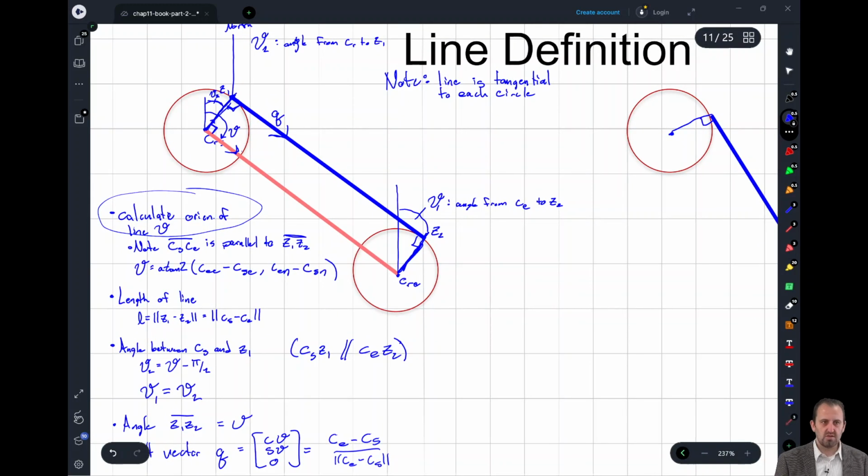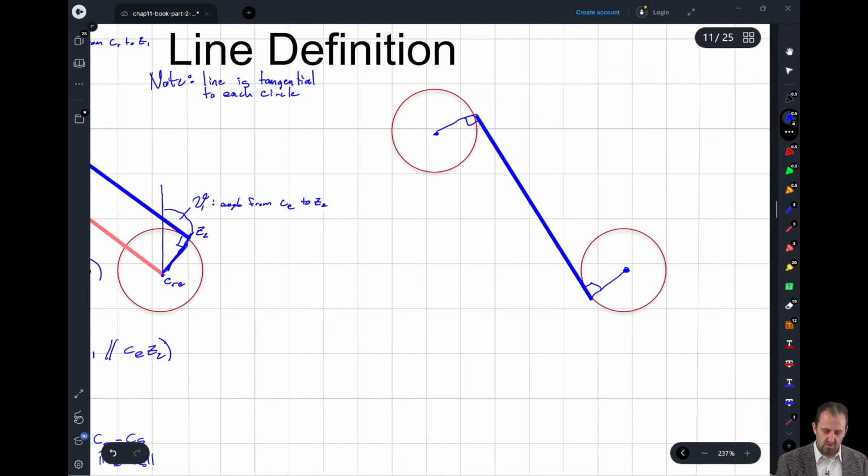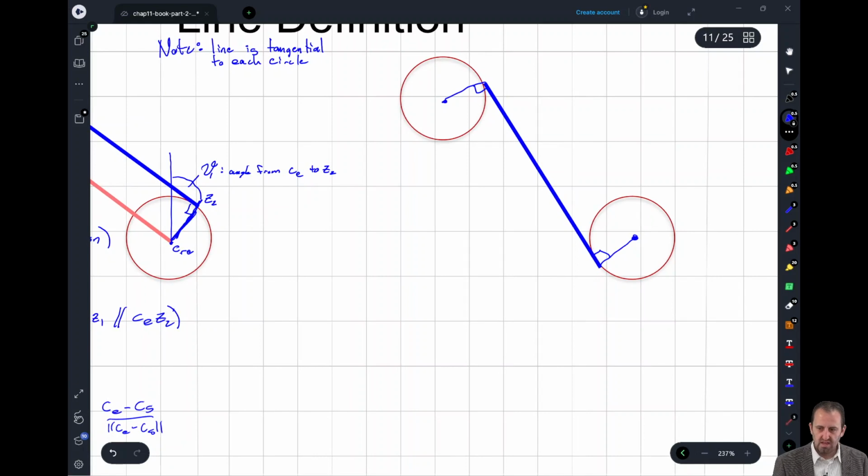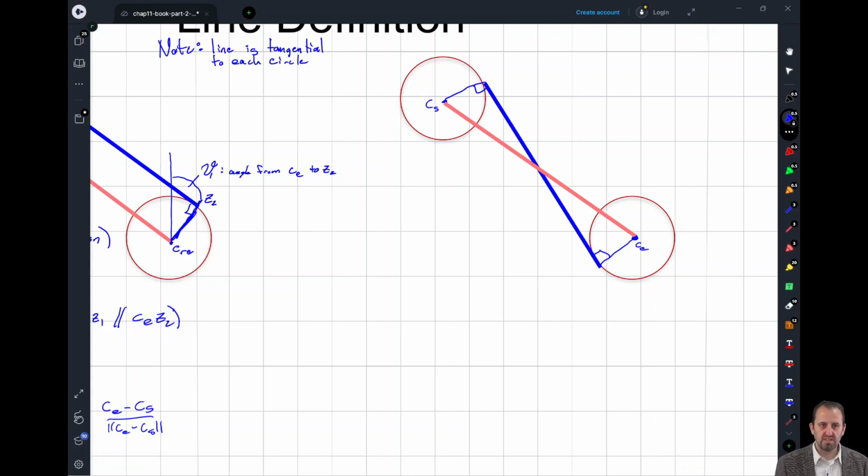Okay, so let's go do all of this again for this slightly more complicated case. In this case, we're going to define our line between our center points, and I should have defined this as our center start and our center end. The first thing to note is that the blue and the red lines are definitely not parallel.